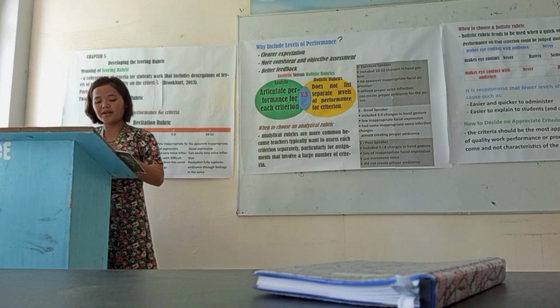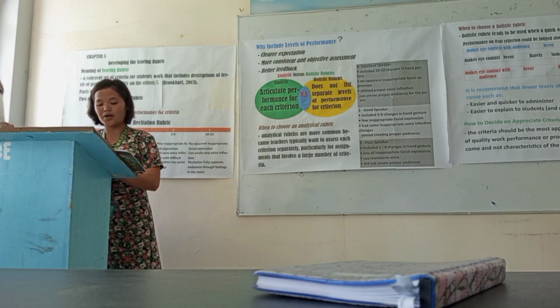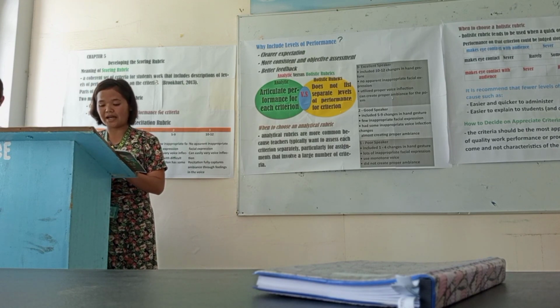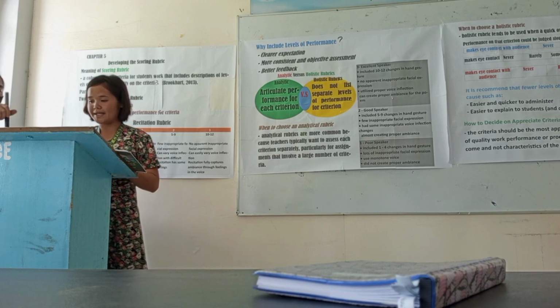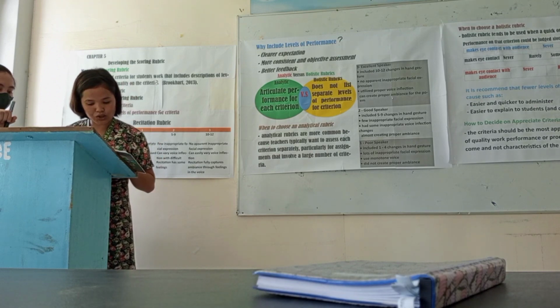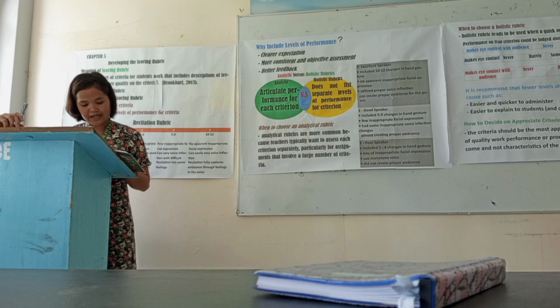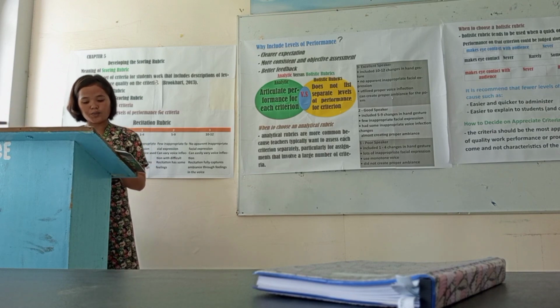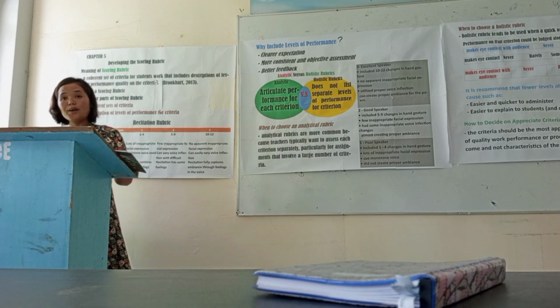So, the development of scoring rubrics goes through a process. The first step in the process entails the identification of the qualities and attributes that the teacher wishes to observe in the student's output that would demonstrate their level of proficiency.